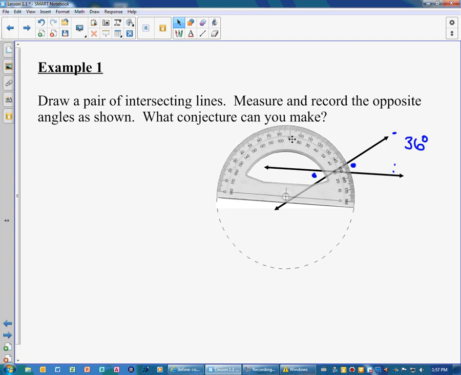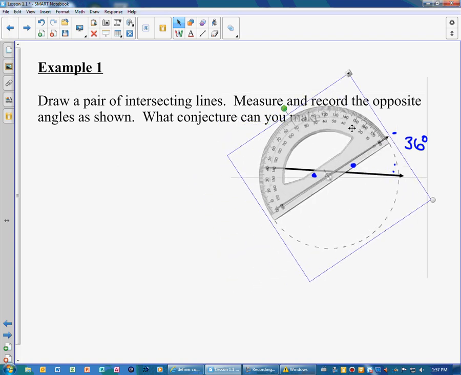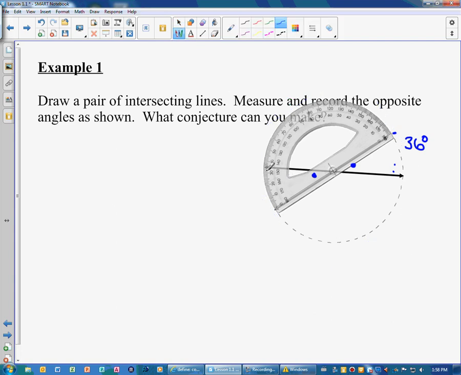If I took my protractor and measured this other one, I'm going to slide the center to where they intersect with my line. There we go. I'm reading from the center. Again, I'm going to read. Come on, pen, work with me here. Okay, 35, 36 degrees based on the protractor. So I measured the angles. They were both approximately 36 degrees.